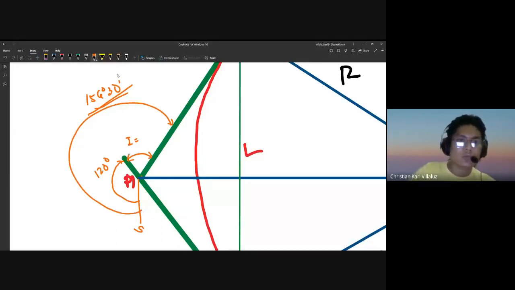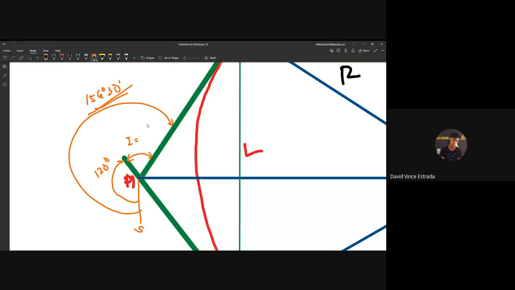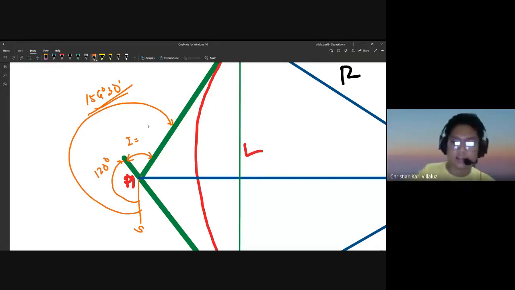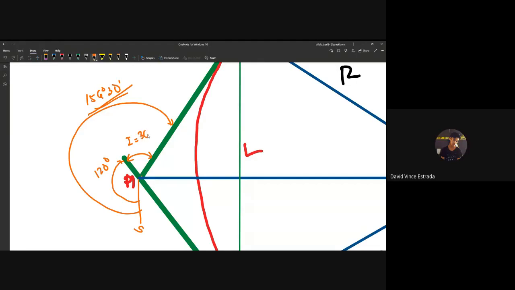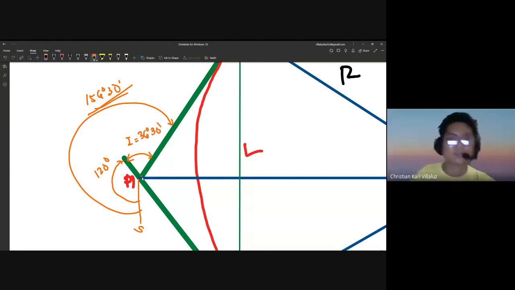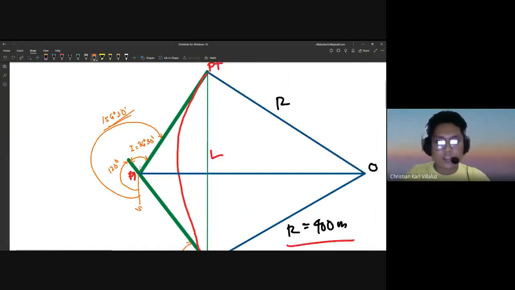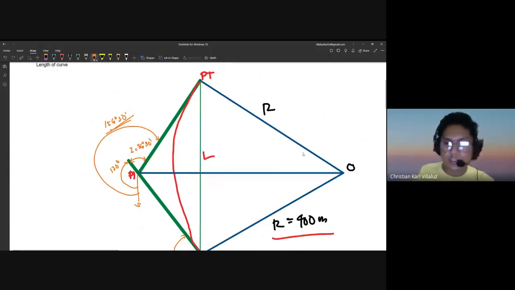So, 156 degrees minus 120 degrees equals 36 degrees 30 minutes. If that is the angle of intersection, it is also equivalent to our central angle.